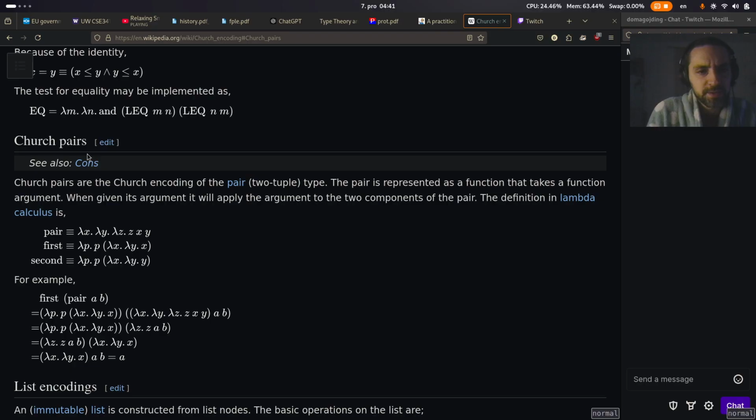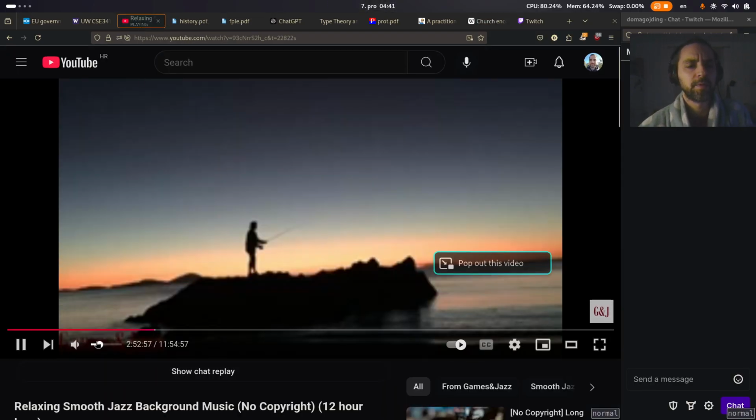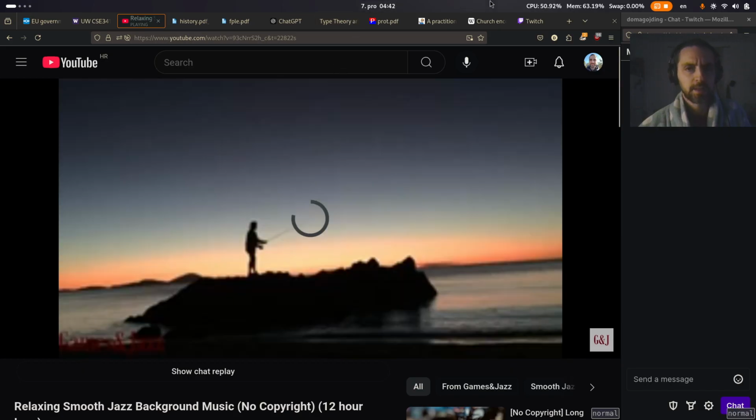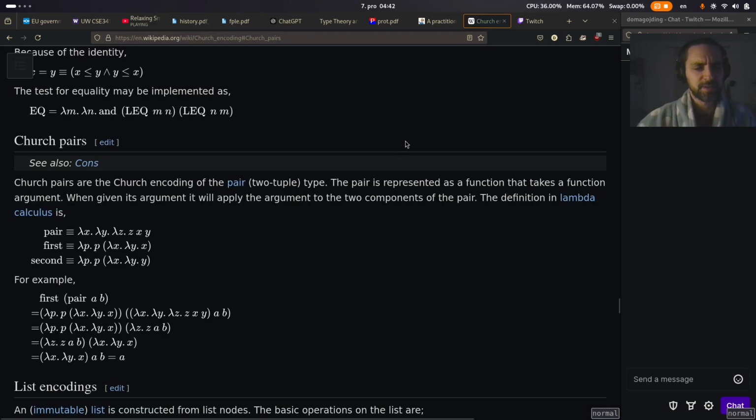So church pairs are the church encodings of the pair type, the pair or tuple type.